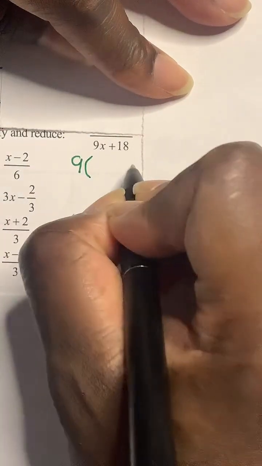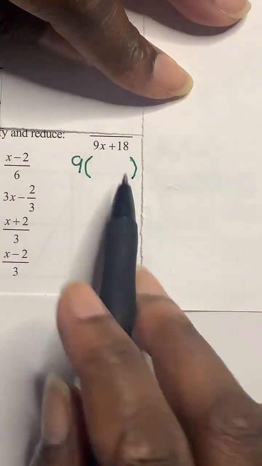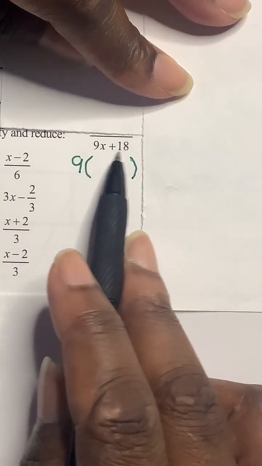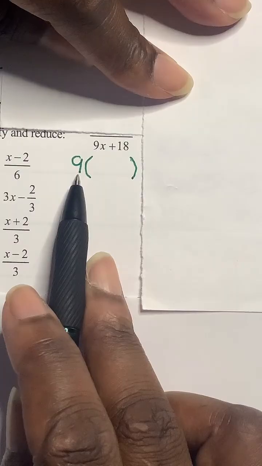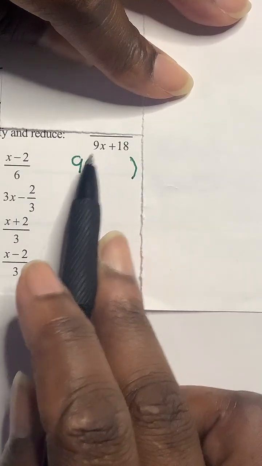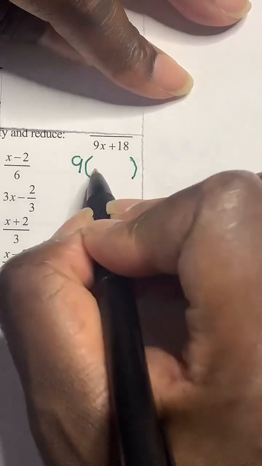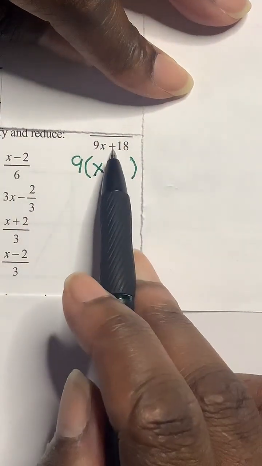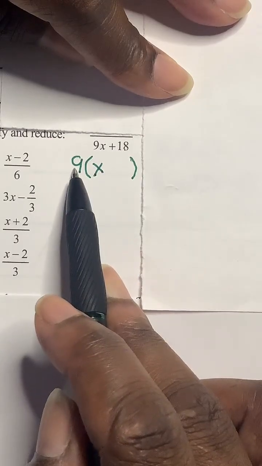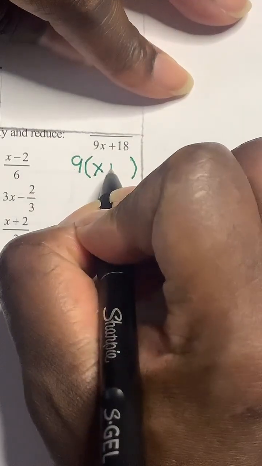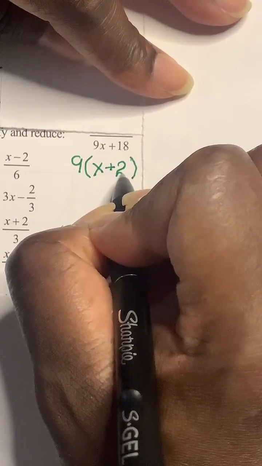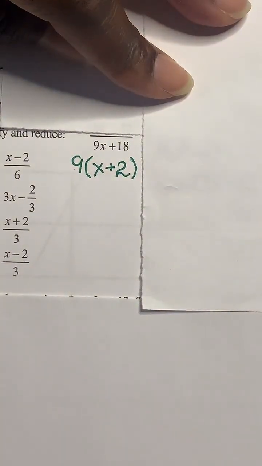So let's factor it. We're going to divide the original by the GCF. So 9x divided by 9 gives me 1x, and a positive 18 divided by 9 gives me a positive 2. See, this one was a lot easier.